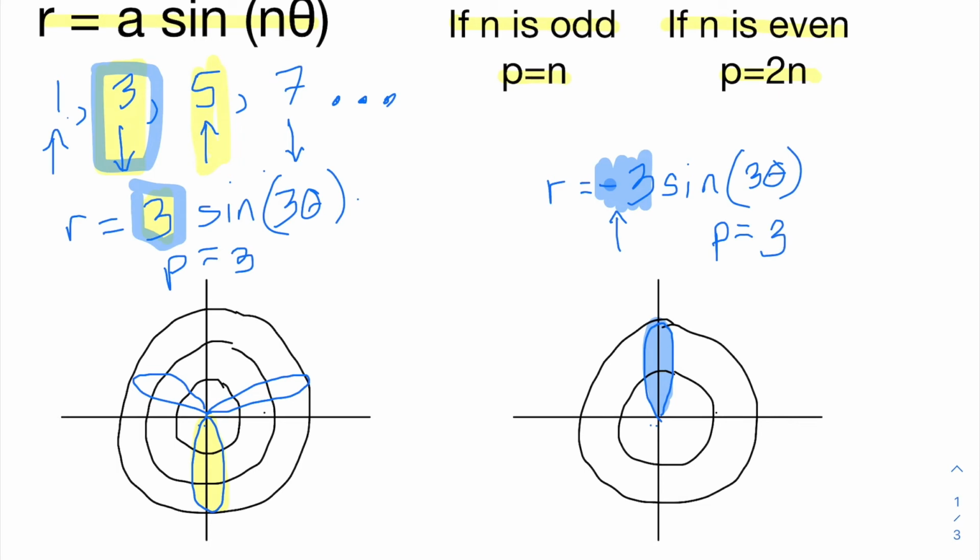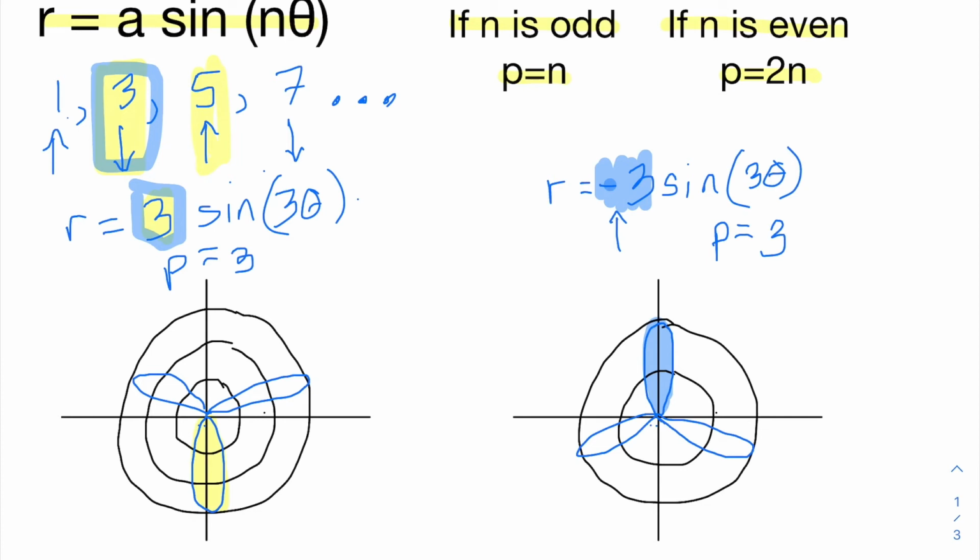So here they're going to be 120 degrees apart. 90 plus 120 would give us 210, plus another 120 would give us 330, and that would be our graph, something that looks similar to a Mercedes-Benz logo. So that's the key when we're dealing with odd values for n when graphing rose petal polar equations with sine.